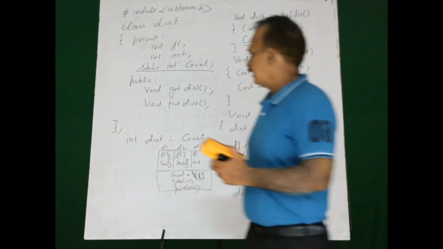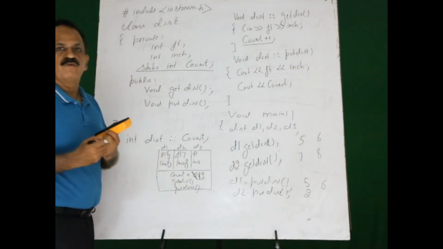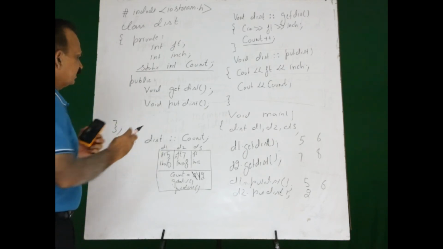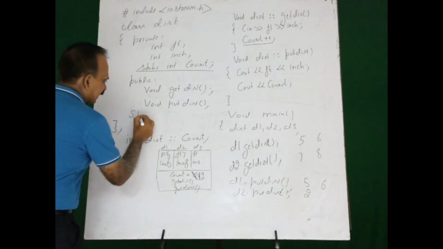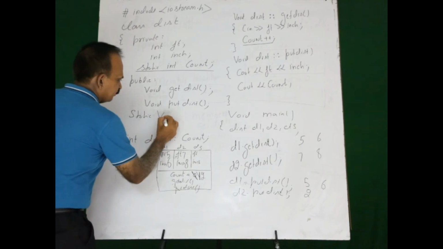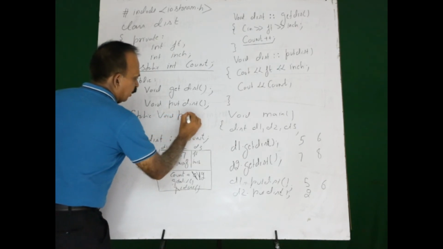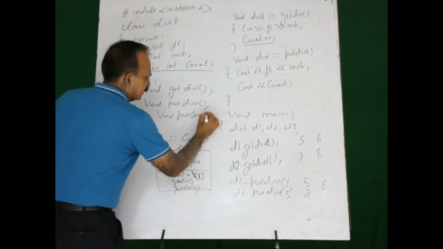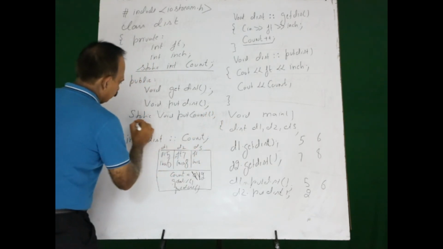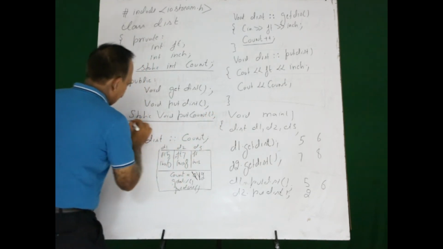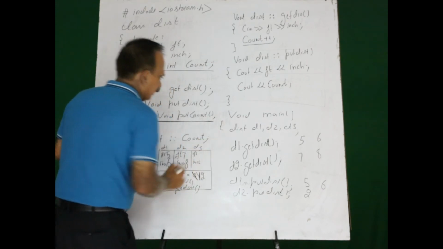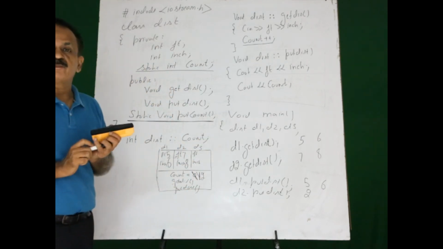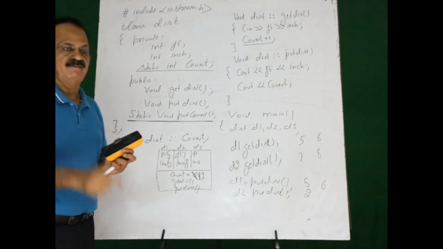Now, in this example, I add one more function, say static void put_count. Yes, I am using it to print the value of count. I am using a special function for printing the value of the static data member.